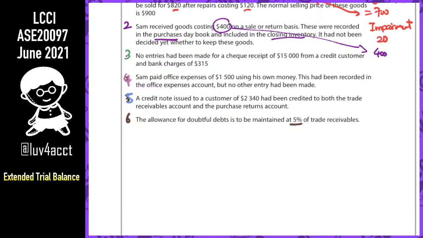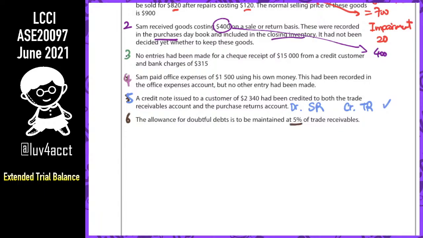A credit note issued to a customer would be your sales returns. If you have sales returns, the correct entry would be debiting sales returns and crediting trade receivables. Let's see how it is done in this case.